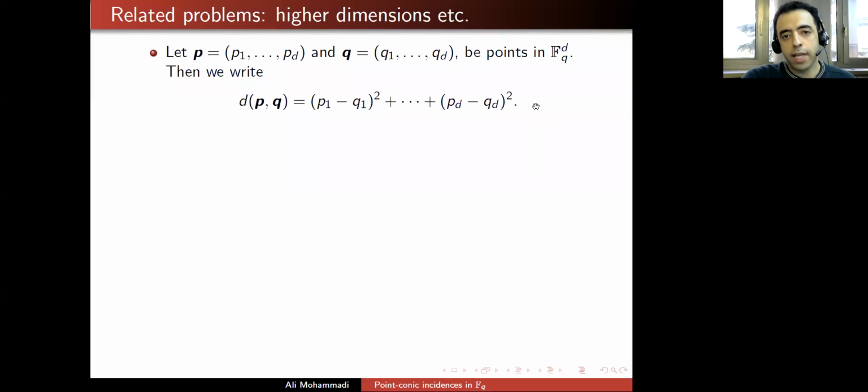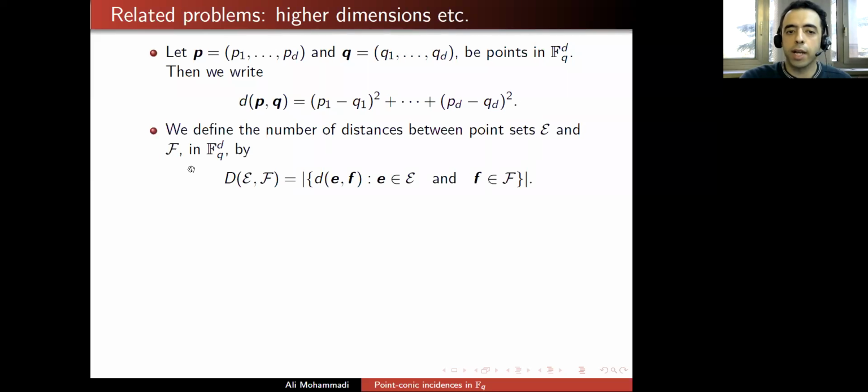You could do exactly the same techniques for higher dimensions as well. Like I said, point-sphere problems can be translated to point-hyperplane problems. And you can go a step further and consider distances formed between two point sets, E coming from one point set and F coming from another.